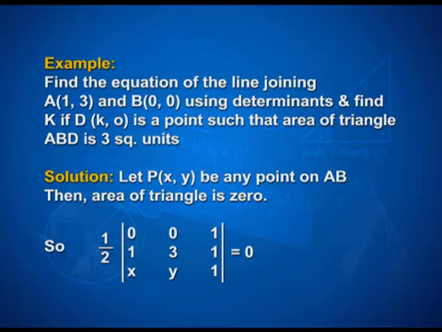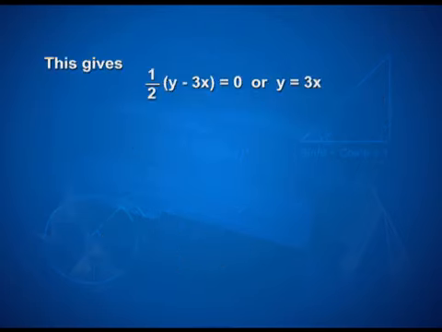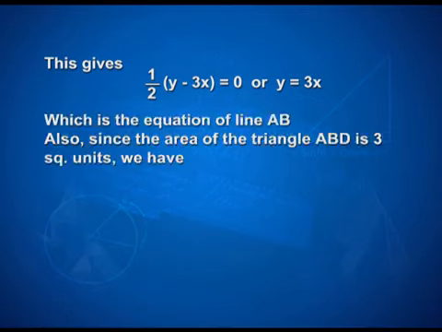Therefore, half of determinant 0, 0, 1, 1, 3, 1, x, y, 1 is equal to 0. This gives half of (y minus 3x) is equal to 0 or y is equal to 3x, which is the equation of line AB.